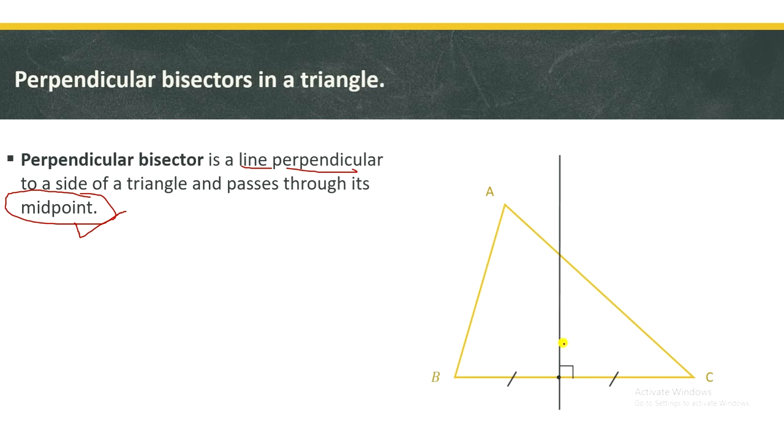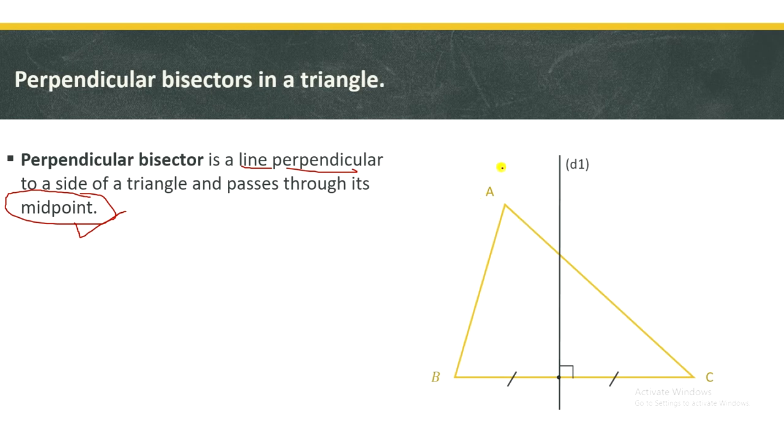Because this line is perpendicular to BC and at the midpoint of this segment, then D1 is called what? The perpendicular bisector of BC. Look, this line is not passing through the vertex A. So the perpendicular bisector does not always pass through the vertex.